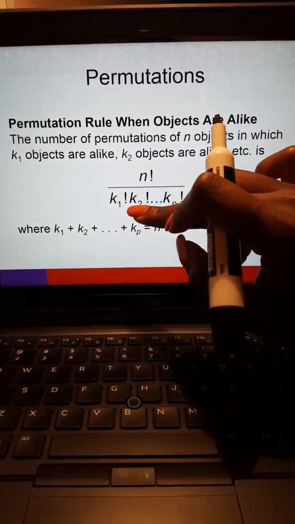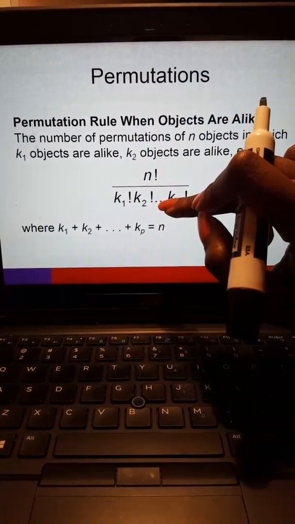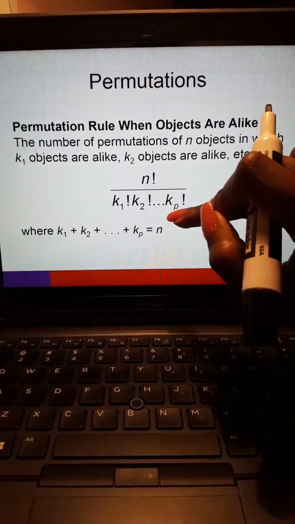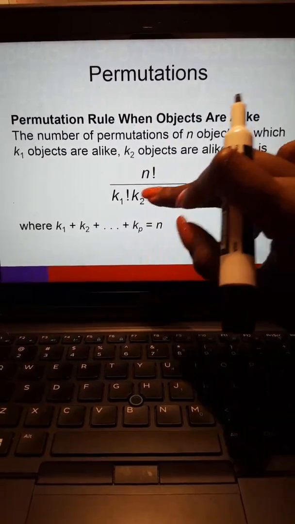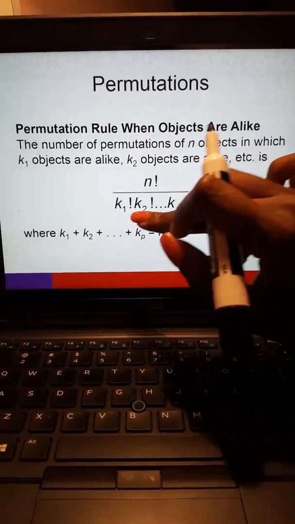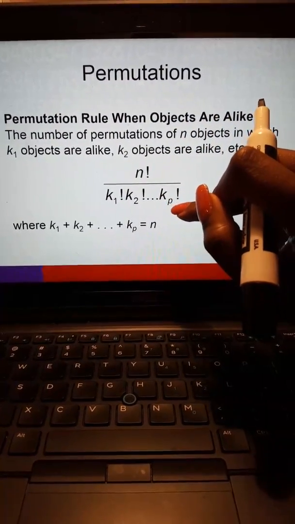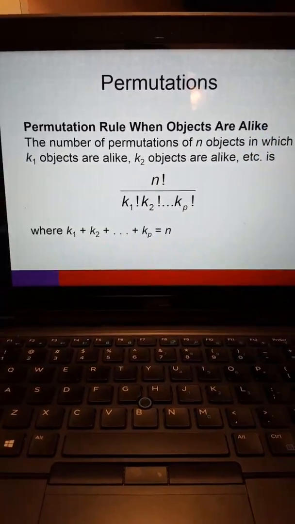K1 will be A, which I have 2 of those. K2 would be D, which I have 1. K3 will be M, which is 1. And K4 will be S, which will be 1. So basically, everything at the bottom in the K area, the subscripts add up to equal n, which is in n factorial. So I'm going to do an example.